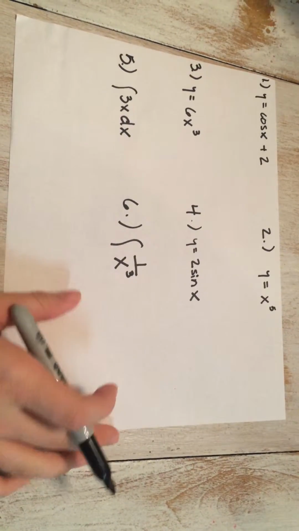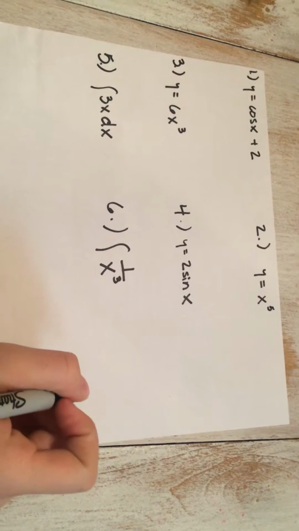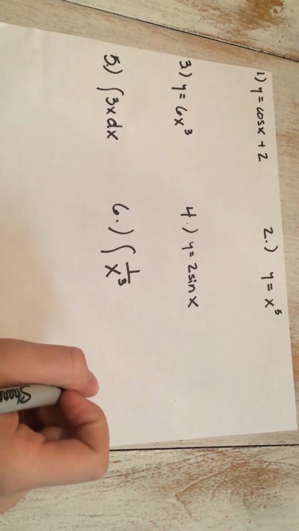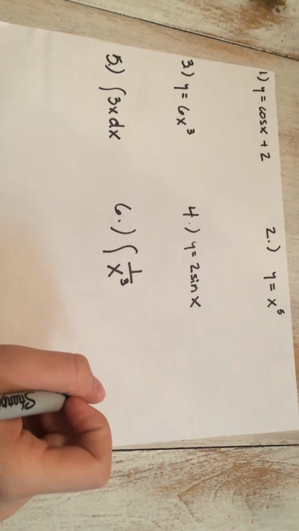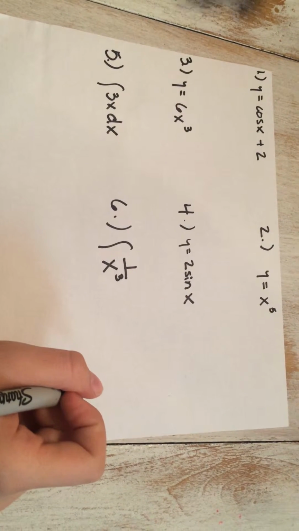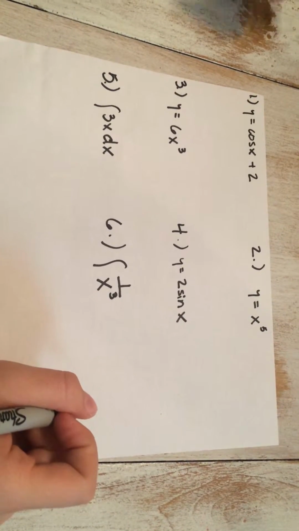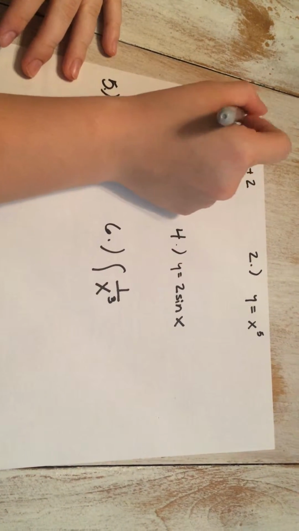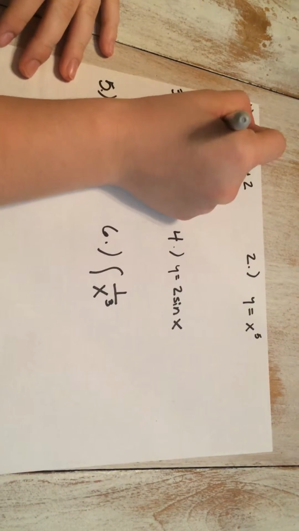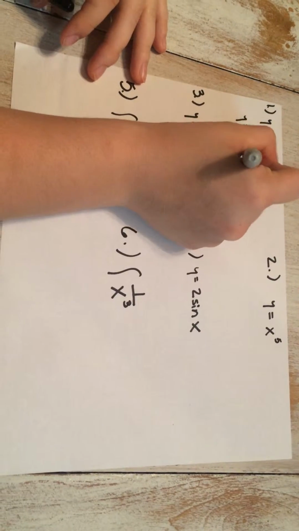Okay, so if we're going to work some out, we have y equals cosine x plus 2. Well, we know that if we're going back a step, cosine x is the derivative of sine x. So that's where we start. So we have y equals sine x.